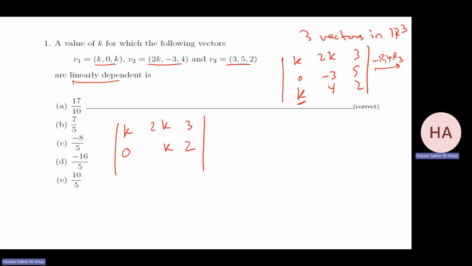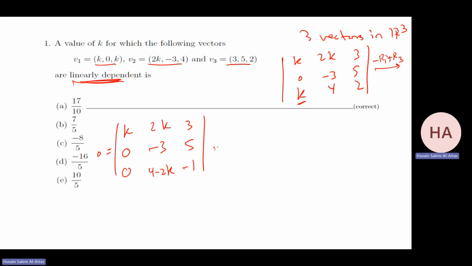No, wait a minute. This will not change. Sorry. Multiplying minus R1 plus R3, it will be 0. That will be 4 minus 2K. I have minus 3 plus 2, that will be minus 1. Now this determinant should be equal to 0, since they are linearly dependent.